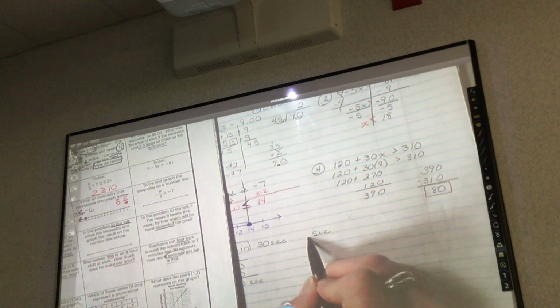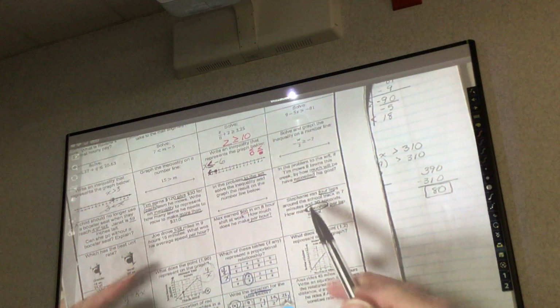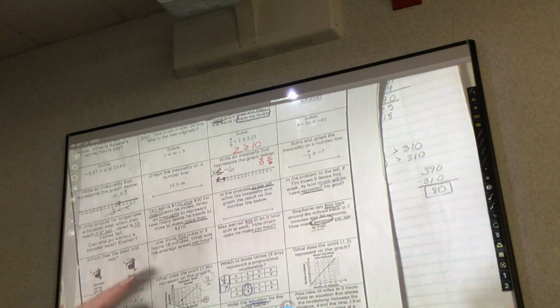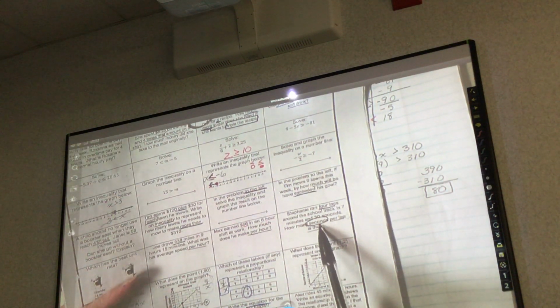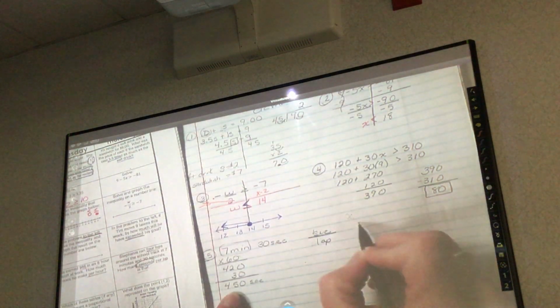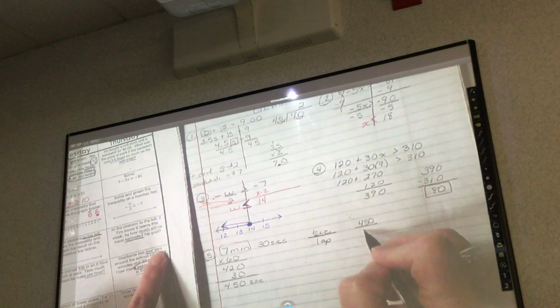Now be careful, because sometimes they might say how many laps per second. They can also do it that way, so it's important for you to go back and read it, because whatever's first goes on top. So my seconds is 450, and we did it in 4 laps.